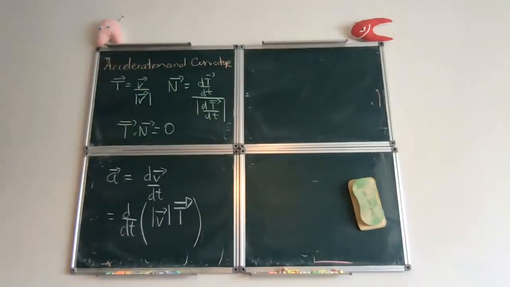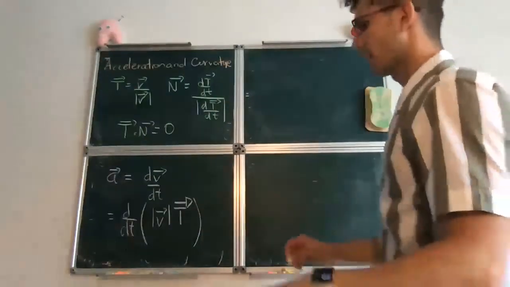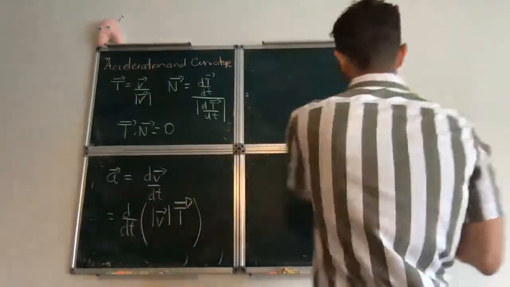Right? And now you apply the product rule. This is just like a scalar function.